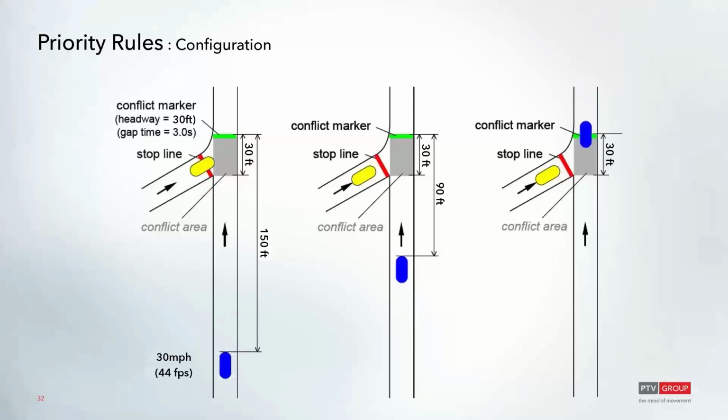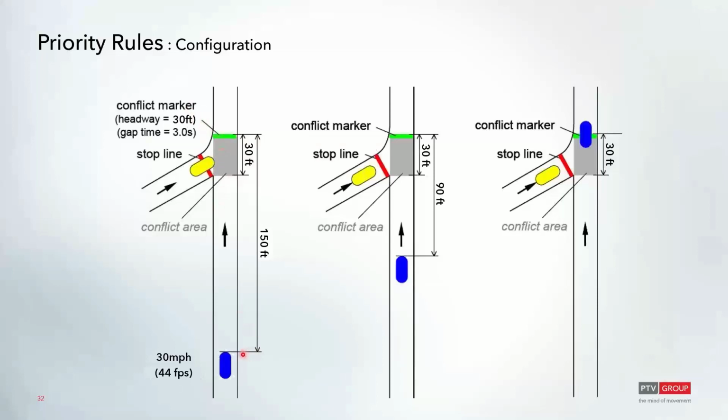So here we have just a couple of different examples. In the first example, this vehicle is traveling about 30 miles an hour. And so its gap time currently, we're at 150 feet upstream of that conflict marker. So it's got 150-foot clearance and then about 3.4 seconds of gap time. And if we compare those to those minimum values that have been set, we can see here that we're definitely good on the headway, 150 feet is greater than 30 feet.